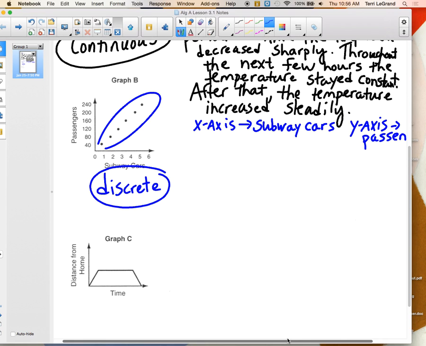How can we say that? So how did your story start before then? As the number of subway cars increases, the amount of passengers increases by 40. Okay, so let's just expand on that just a little bit. So she says, as the number of subway cars increases, the number of passengers increases by 40.